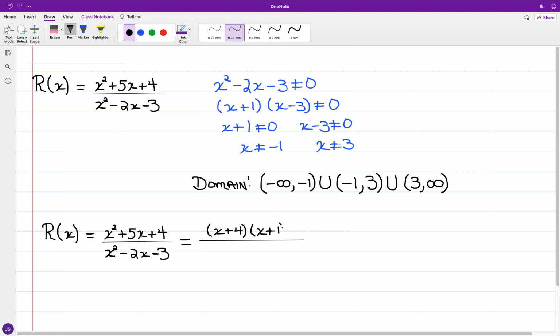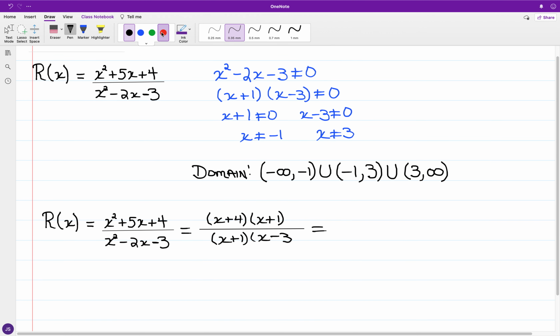And factoring the denominator trinomial again, we have x plus 1 and x minus 3. Notice that between the numerator and denominator we have x plus 1 in common, and in reducing, x plus 1 completely cancels.